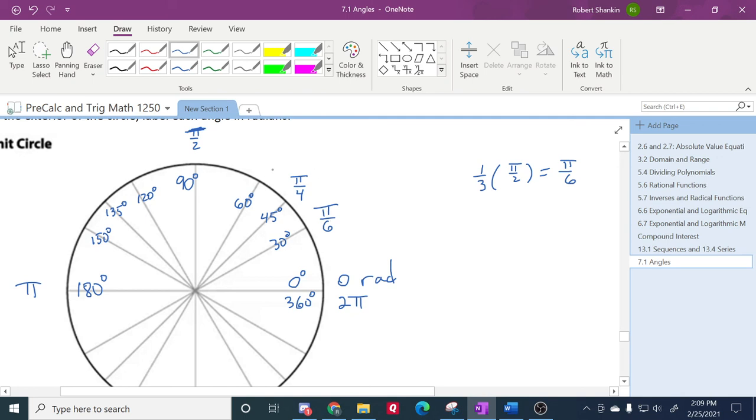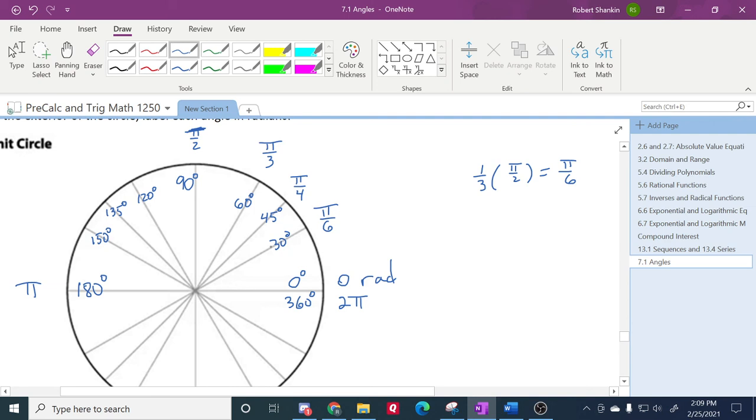Now, this is pi over 6. And we could write this as 2 pi over 6, 3 pi over 6, 4 pi over 6, 5 pi over 6, 6 pi over 6. But instead we reduce all these fractions. 1 pi over 6, 2 pi over 6 reduces to pi over 3. 3 pi over 6, so I'm going up by 30 degrees every time: 30, 60, 90, 120, 150, 180.